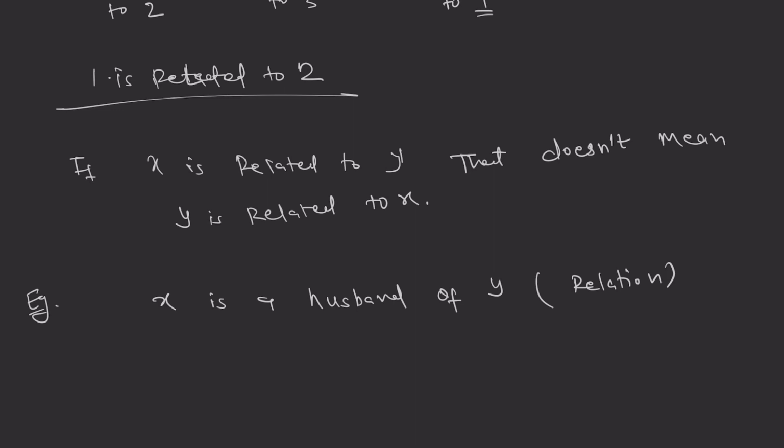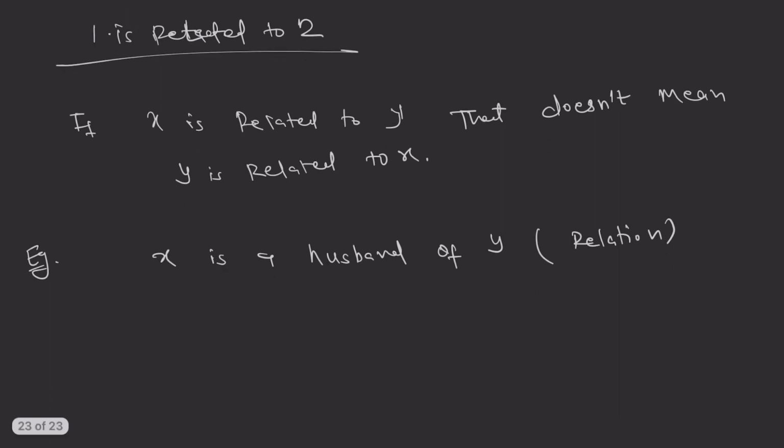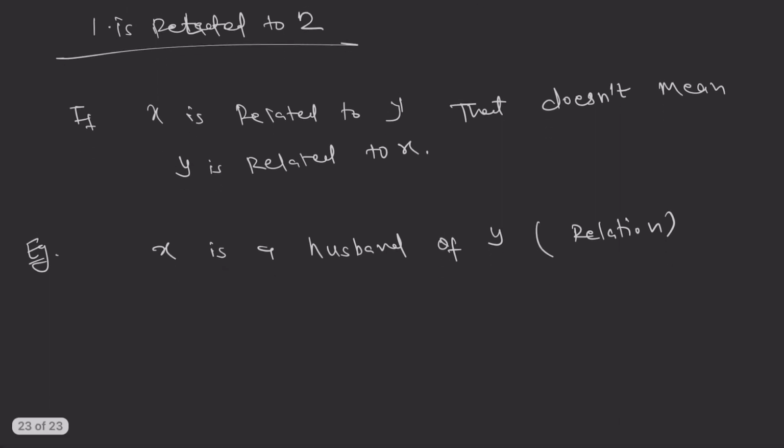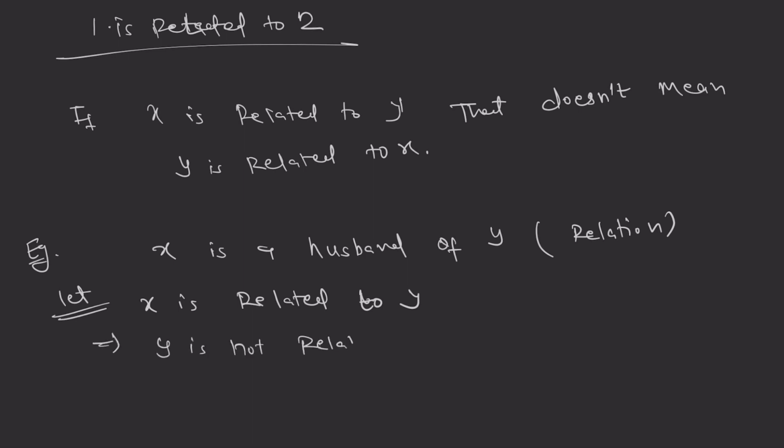So here you can see that x is related to y. Let x be related to y. That means x is husband of y. But y is not related to x. Why?